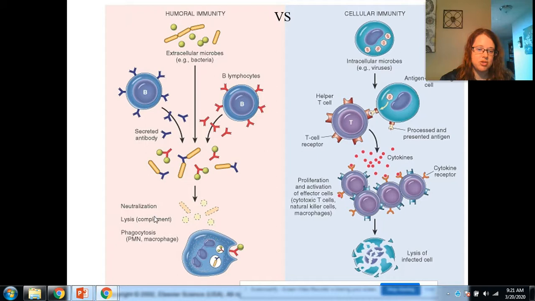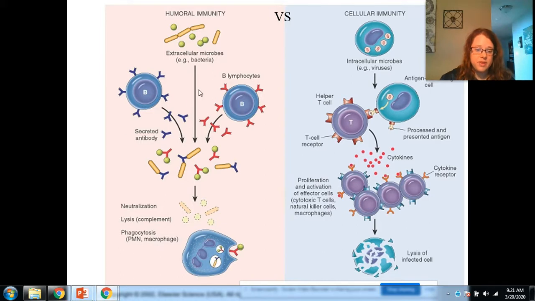They're going to, one, neutralize it by just disabling it. Two, they're going to solicit the complement proteins to kill it, to basically cause it to explode. Or three, you're going to bring in some macrophages, natural killer cells, or neutrophils to actually phagocytize.